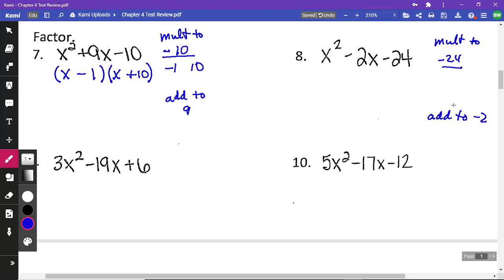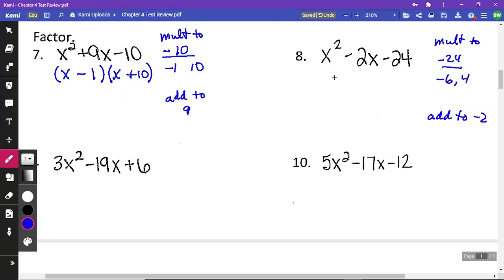So the numbers are close to each other. One's negative and one's positive. We want the negative one to be the larger one because they have to add to negative 2, but it's not going to be a lot larger. It's only larger by 2. The other one is positive, so they must be negative 6 and 4.